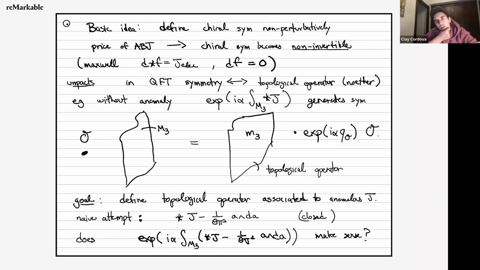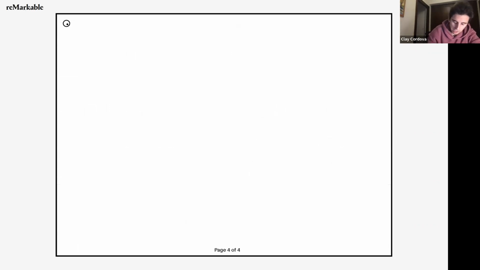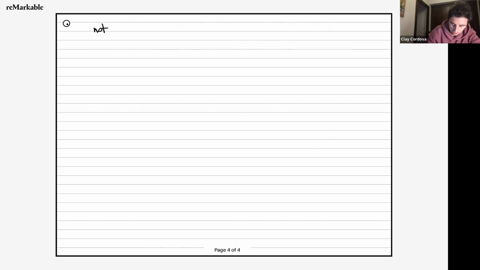Well, you've solved the divergence problem, but you've paid a gross price, which is that this is formally topological, but it's definitely not gauge invariant. So we don't like that solution.